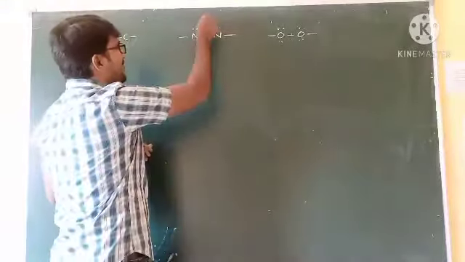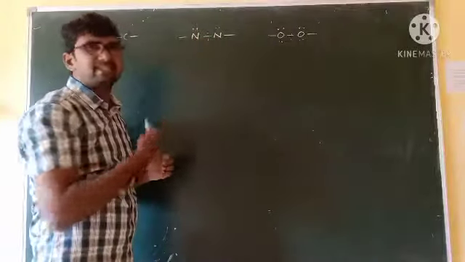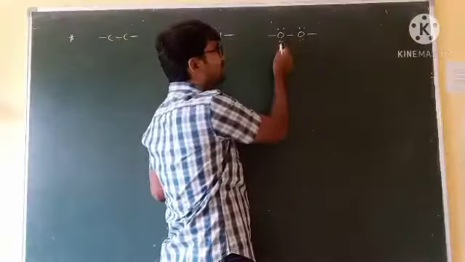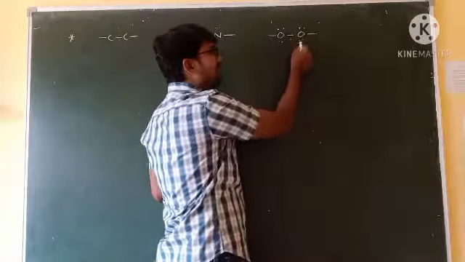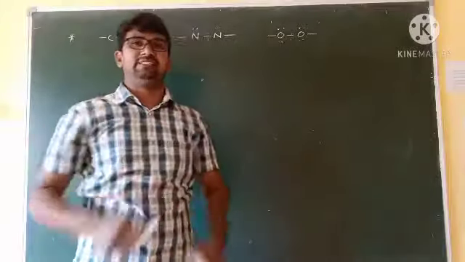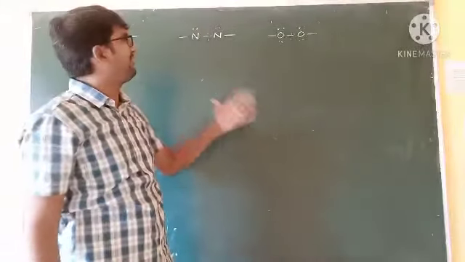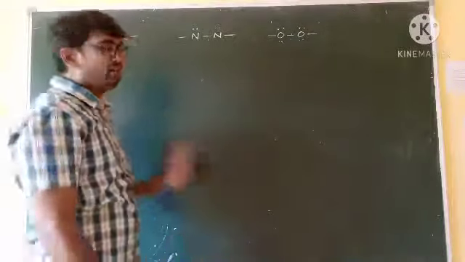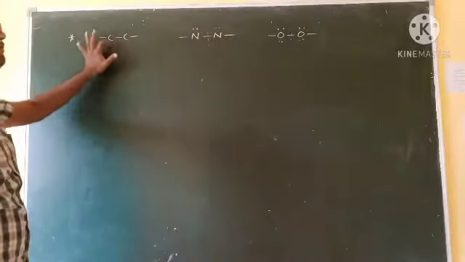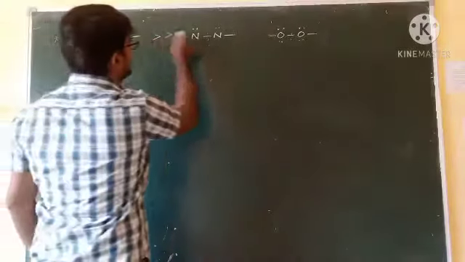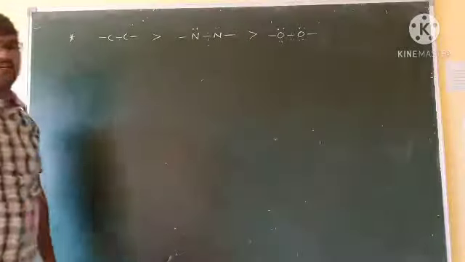That's why breaking this bond requires very little energy. But see here, this oxygen contains two lone pairs. This oxygen also contains two lone pairs. Total 4 lone pairs are in fighting. So how much energy is required when comparing with this one? It requires very little energy. Now come to this one. There are no lone pairs on a carbon. That's why it requires more energy. So this is the order.